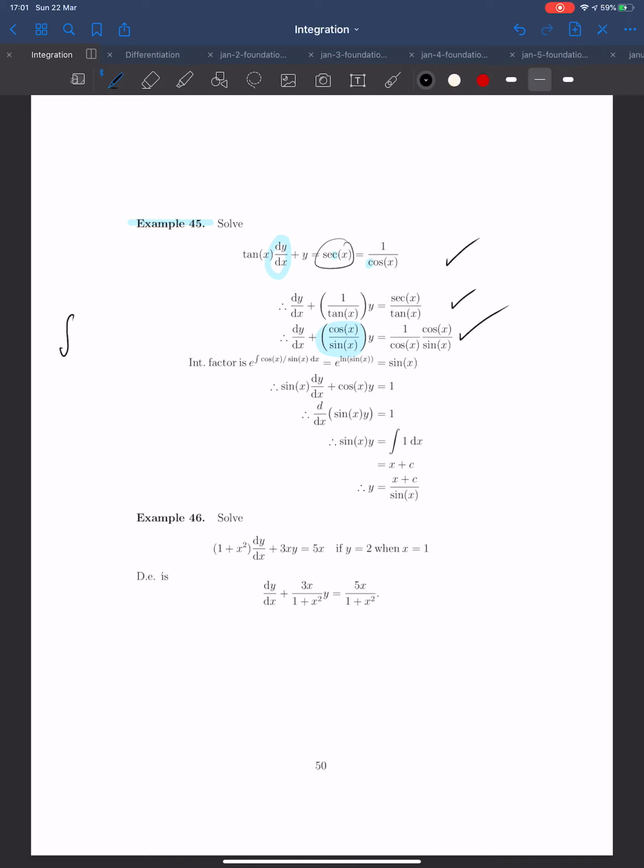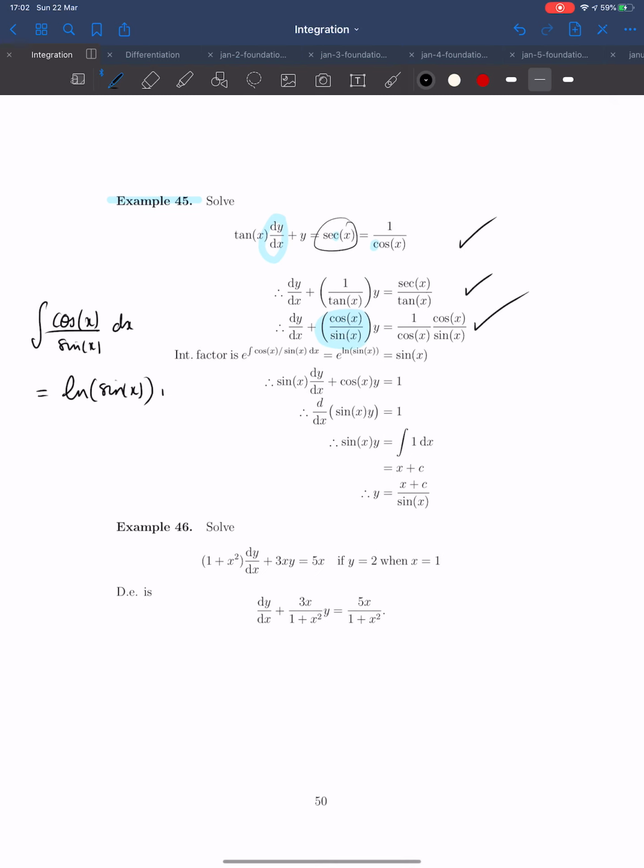Remember, the integral of cos x over sin x dx is log sin x, because if you differentiate this, it's 1 over sin x times the derivative of sin x, which is cos x. So it's log sin x, and then the e and the log, you can think of them as cancelling out, so it's sin x. So then we multiply through by sin x.